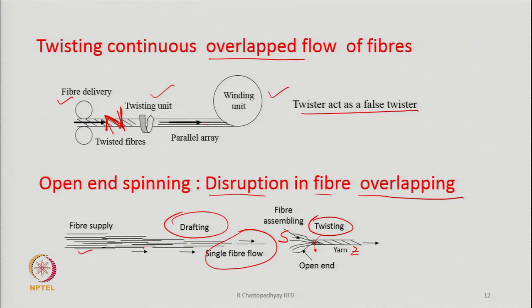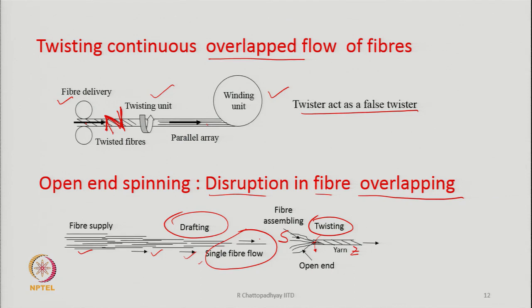By drafting, by which we mean stretching, the number of overlapped fibers is gradually reducing, and when we come to this stage, the number of overlapped fibers is nil, almost single fiber flow is there. That means there is a break in the continuity of fiber supply. This break is very necessary.